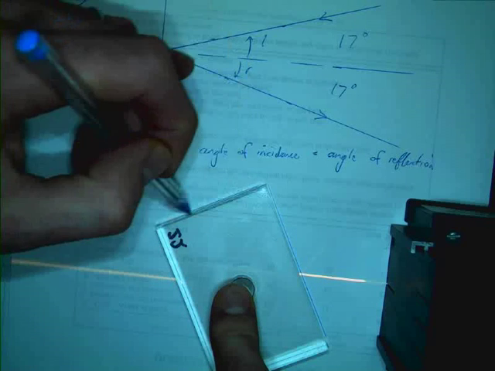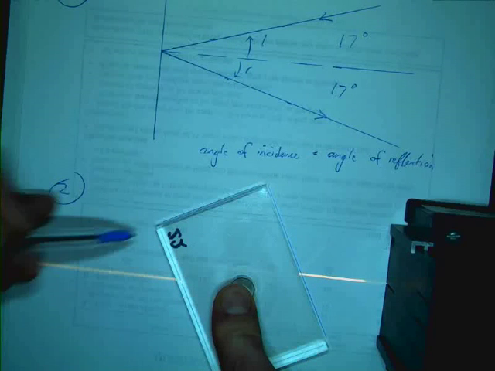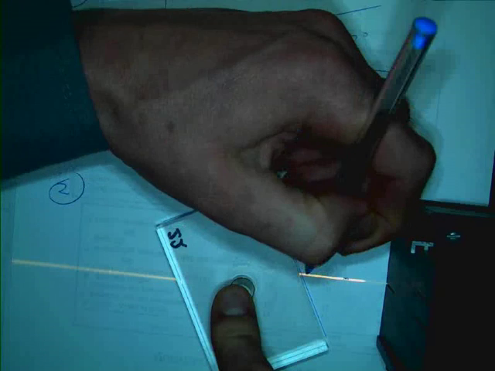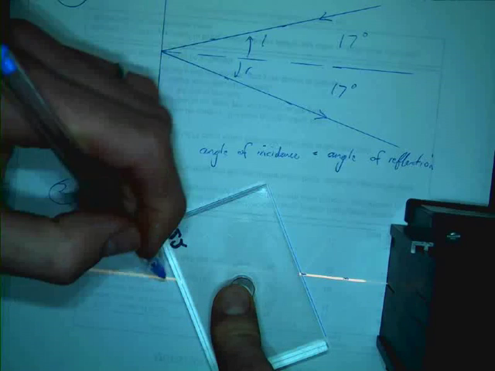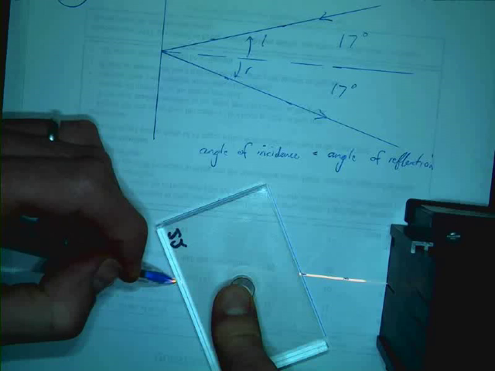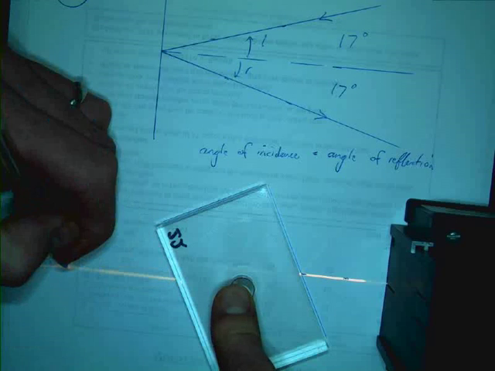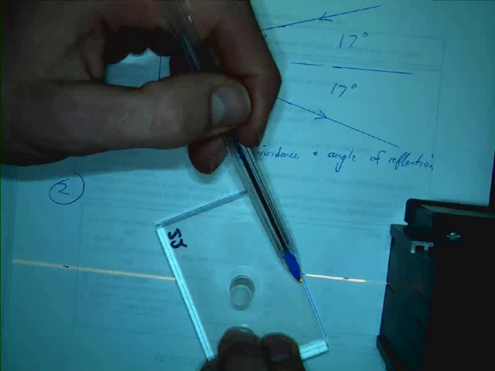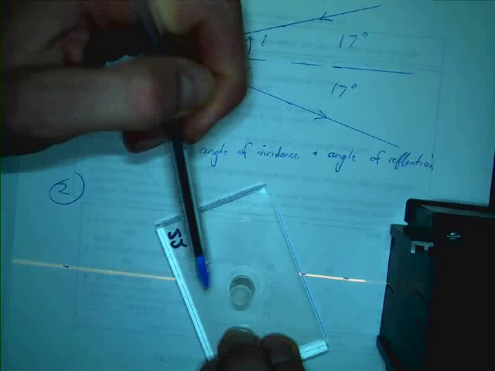So first thing we need to do is let's mark out our block of perspex. Our incident ray is coming in and hitting the perspex here. Now the ray that comes out the other side is here. Comes out there, travels along there. Now the ray that connects them has to be running from here to here.